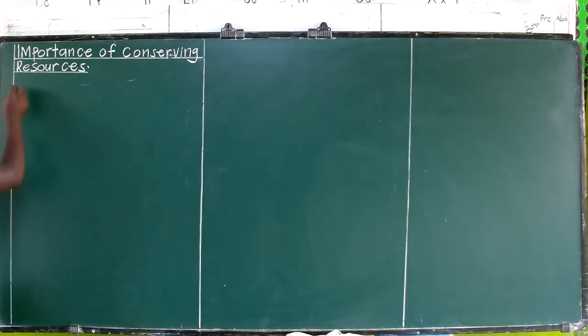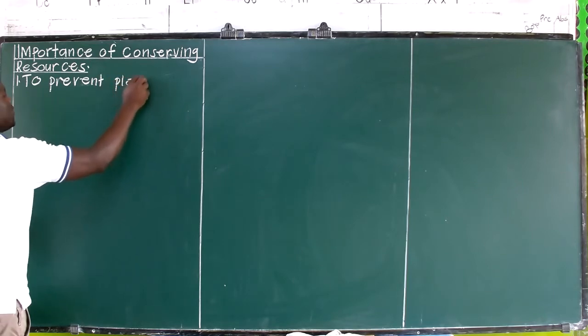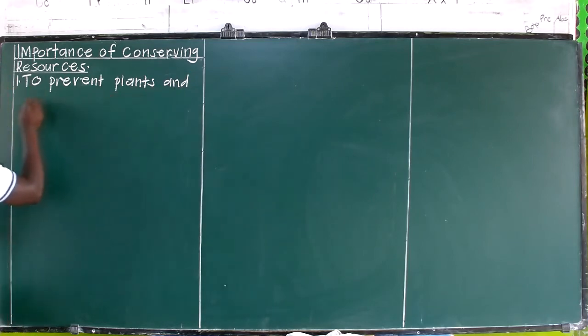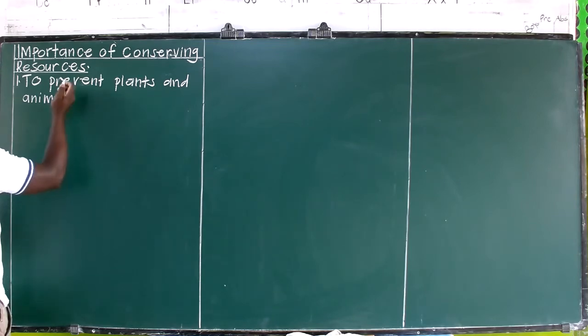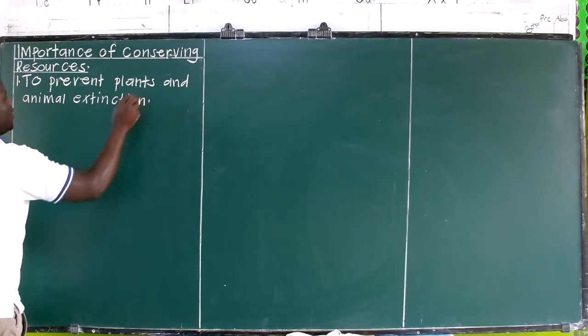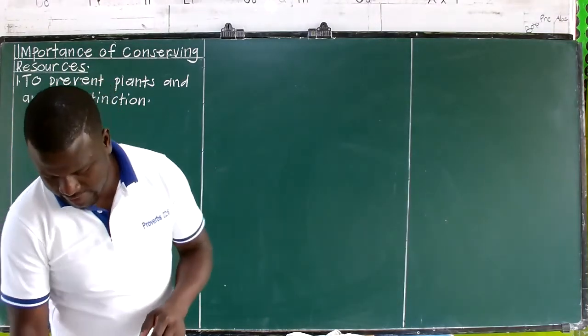So we say, number one, to prevent plant and animal extinction.